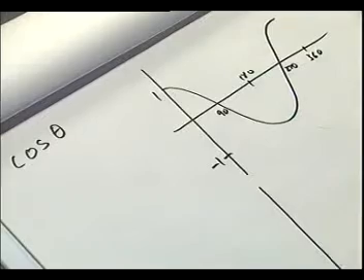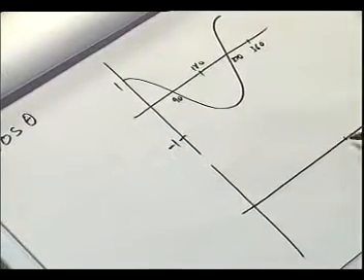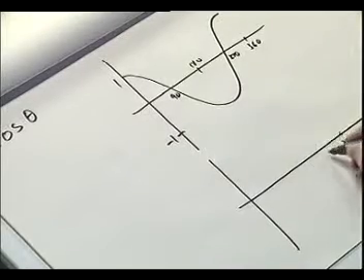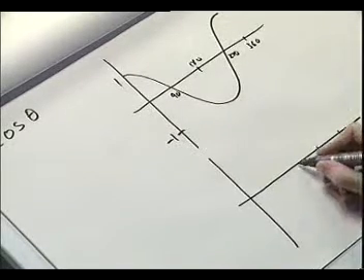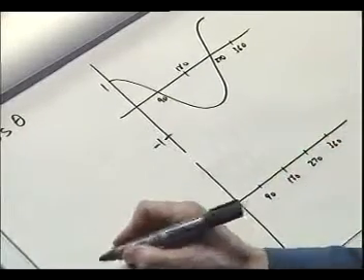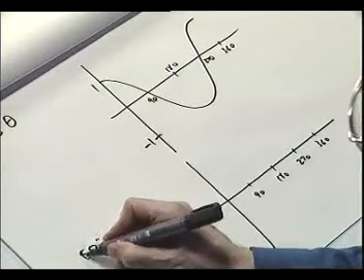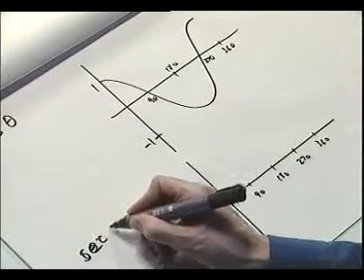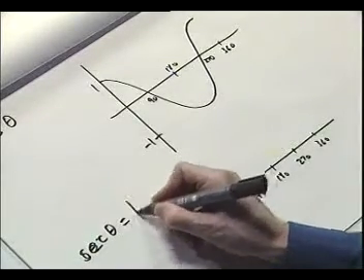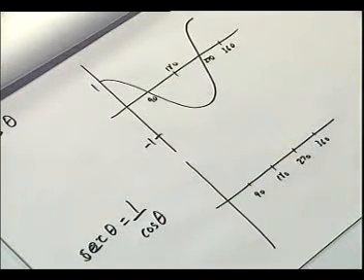And so let's have a look here. Mark off the same points. And we're graphing sec this time, sec theta, which is 1 over cos theta.